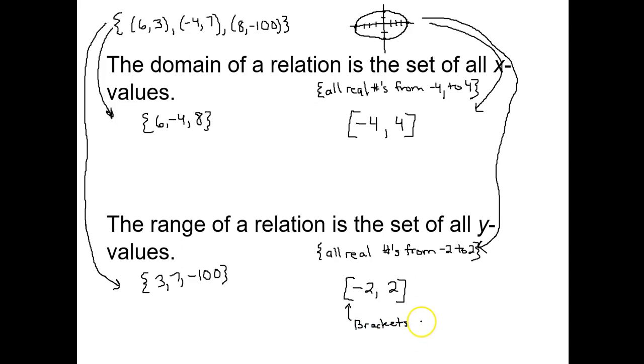Brackets include those endpoints. Parentheses don't include endpoints. So that's domain and range for you.